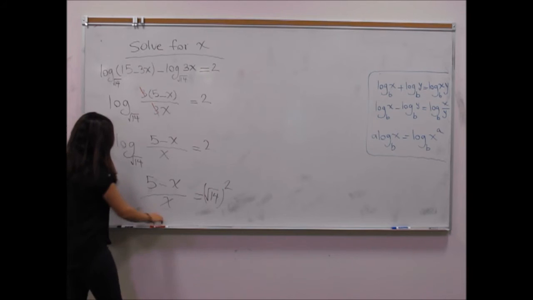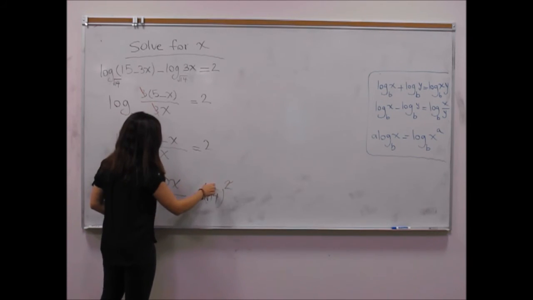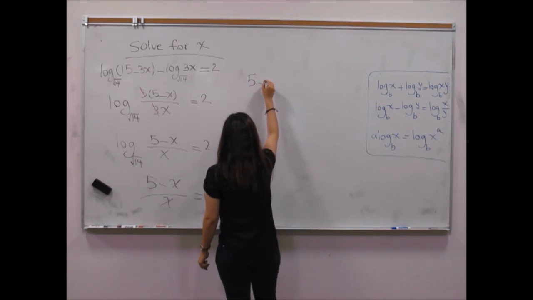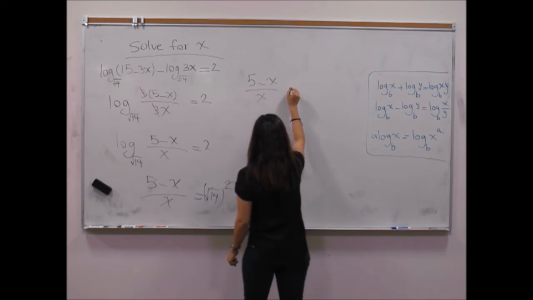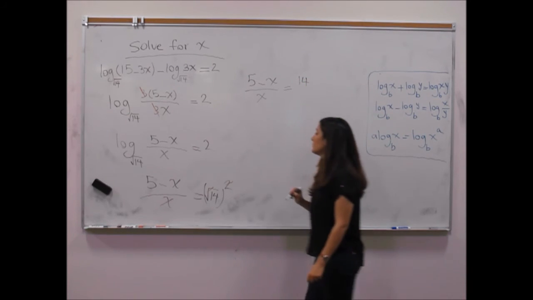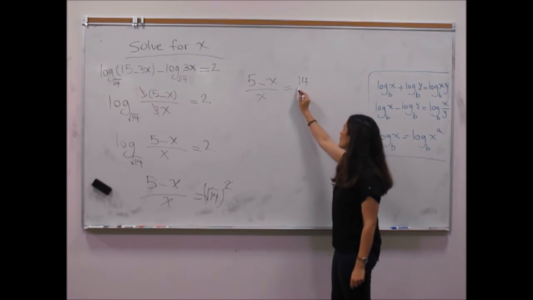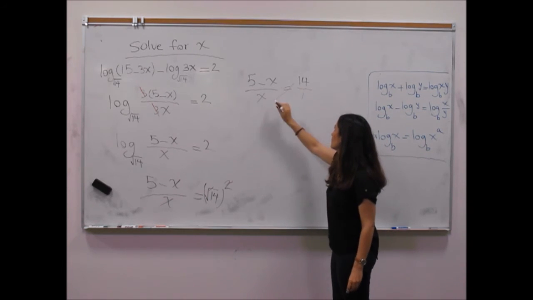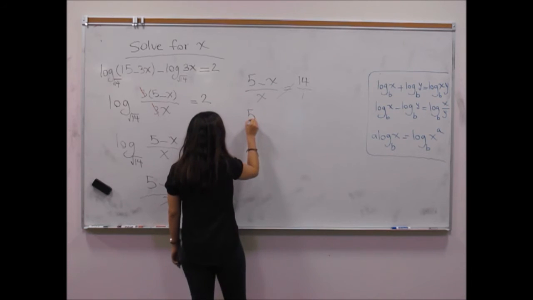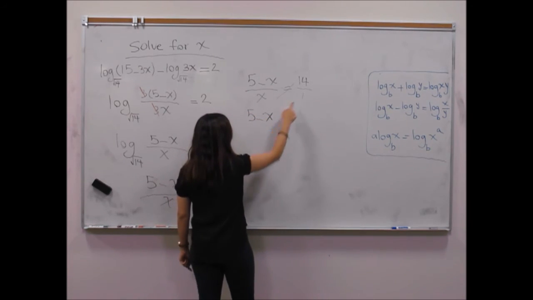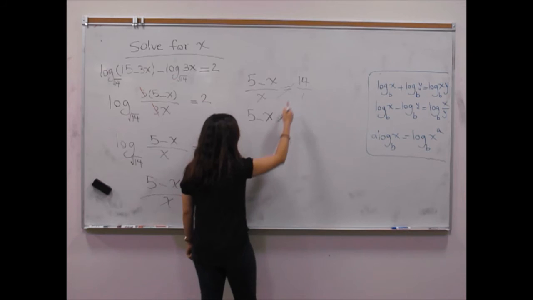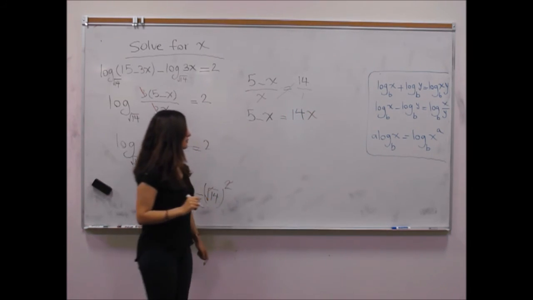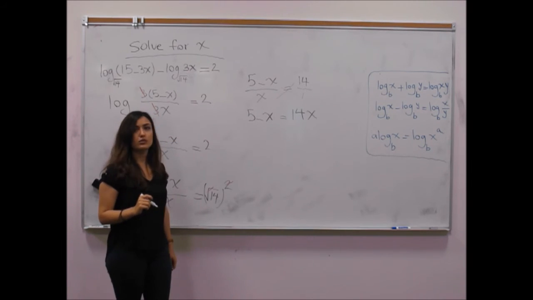So the root and the square would cancel, and I'm going to have 5 minus x over x equal to 14. This 14 is divided by 1, but we don't write that. If we cross multiply, we get 5 minus x, and then 14 times x, 14x.